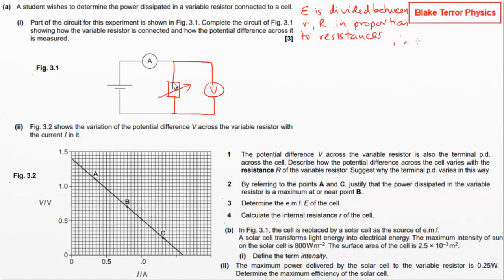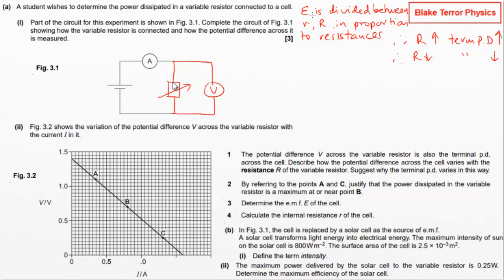Therefore, as R increases, so the resistance of the variable resistor increases, then the terminal PD must increase, because more of the EMF is being allocated to the variable resistor. So our terminal PD is going to go up. And as R goes down, the terminal PD goes down. So that's one way of putting it.